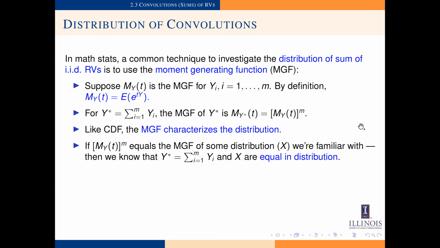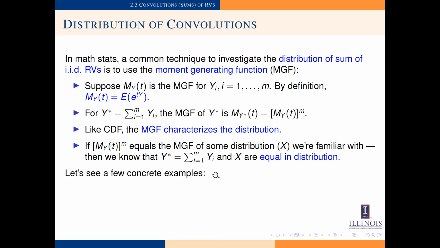Therefore, if we see that My of t raised to the mth power, which is the moment generating function of y star, is equal to the MGF of some distribution x that we are familiar with, then we know that y star, which is the summation of the yi's, and this distribution x, who share the same MGFs, are equal in distribution. In that case, drawing from x is the same as drawing the yi's and summing them up.